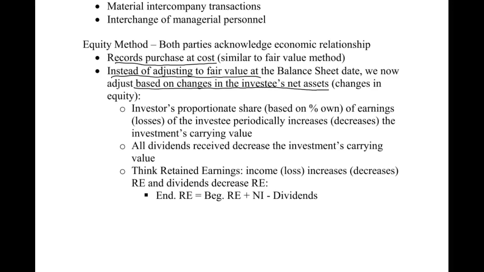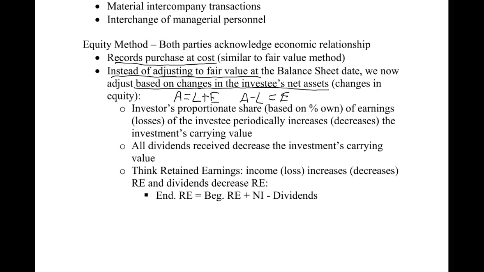If you think about the accounting equation that you learned probably the first day of accounting, if you just rearrange some stuff, net assets, meaning the assets minus liabilities, is the same thing as equity. So what we're focusing on are changes in equity. And the main change that we're going to look at is retained earnings. Remember, retained earnings is a portion of that.